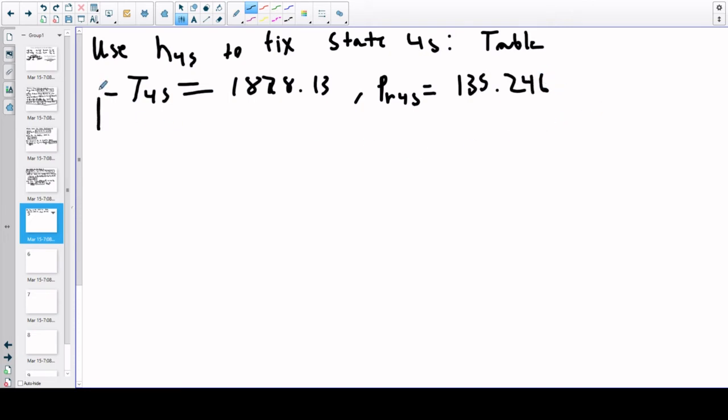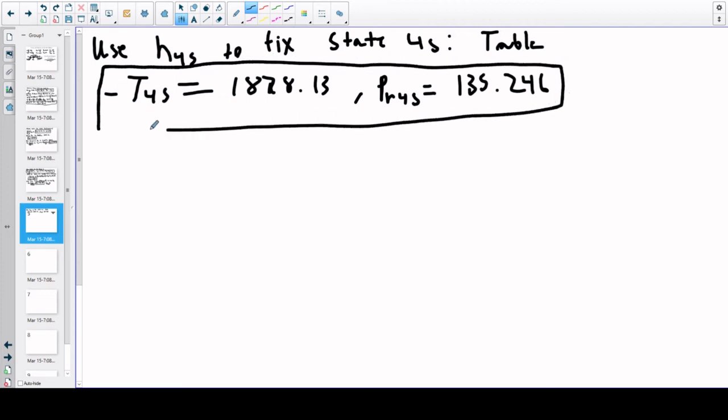And now, this is where the pressure thing came into play. I mentioned earlier that as you do this question, you should be trying to find the pressure at every state. The reason being, if you don't do that, you'll get to this point and realize you can't solve it, because you don't know the pressure, because you have to do the diffuser or the nozzle.